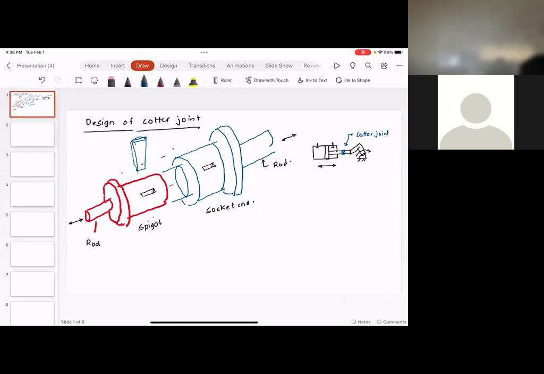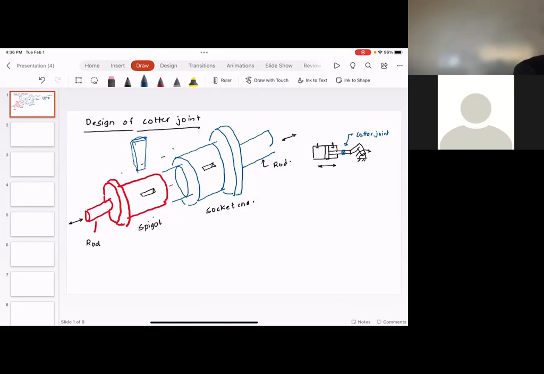And there are some important dimensions, and we are going to go step by step and design the most important dimensions of this quarter joint. And other dimensions come from either the proportion or some sort of empirical evidence or maybe some engineering principles that would allow us to decide the other dimensions.